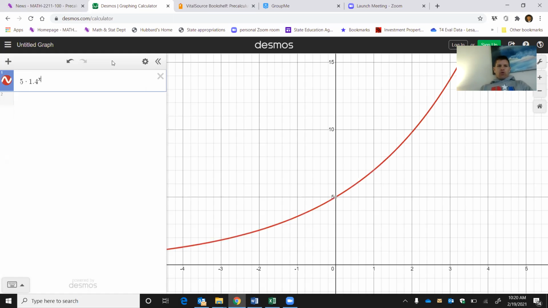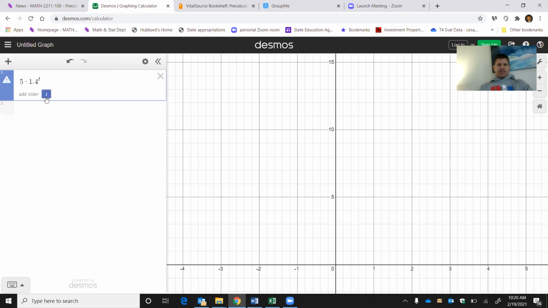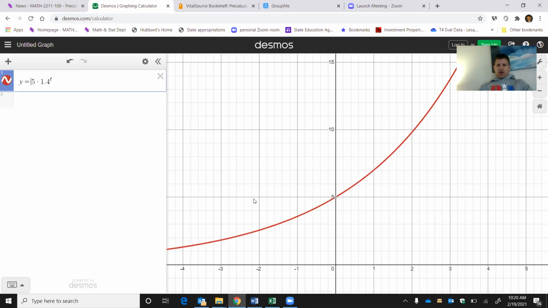What would you expect to see there? Well, the constant is what happens when x is 0. Now, often what we do is we actually don't use an x. I think it's most common to see a t there. And if you're going to use t, you have to make it a function explicitly. Desmos doesn't guess right then.